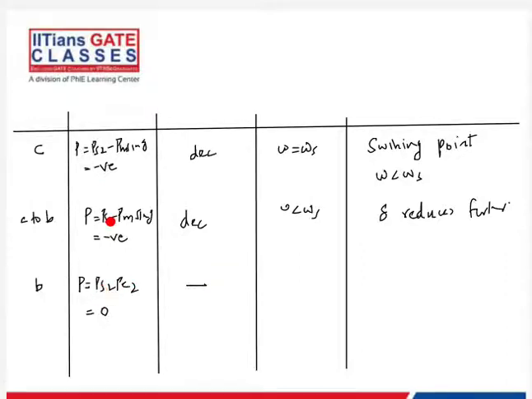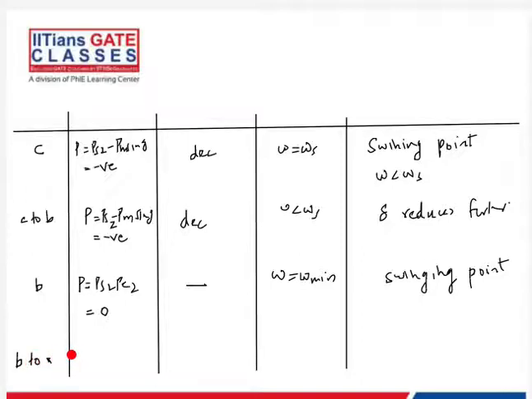Neither acceleration nor deceleration, but omega is now omega min, which is less than our synchronous speed. So this is going to be a swinging point, right? So this again will continue due to moment of inertia backwards, B to A.